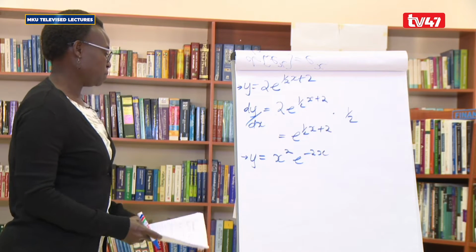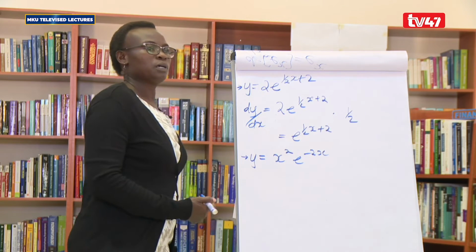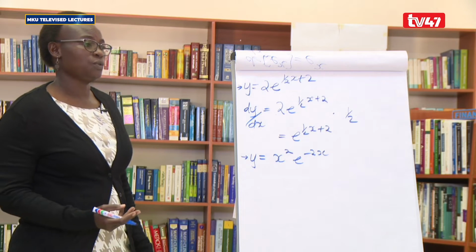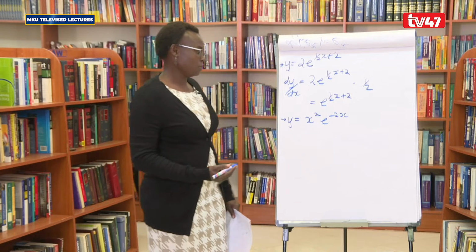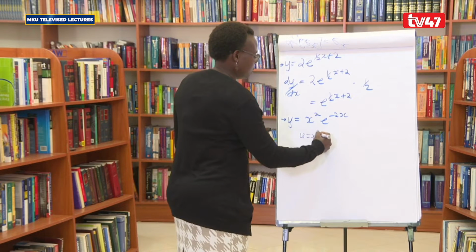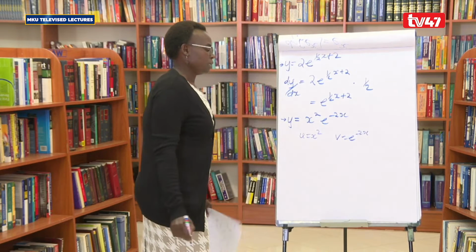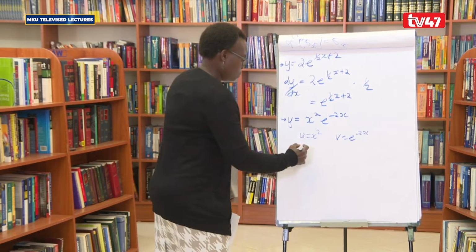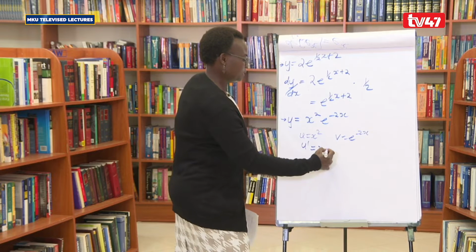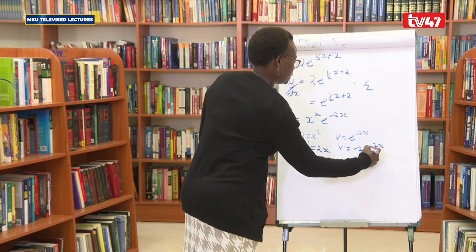And remember the product rule, we say that if you are having a product of two functions u and v, the rule is u bar v plus v bar u. So our u here is going to be x squared, and our v is going to be e to the negative 2x. So u bar is going to give us 2x, and v bar will give us negative 2e to the negative 2x.